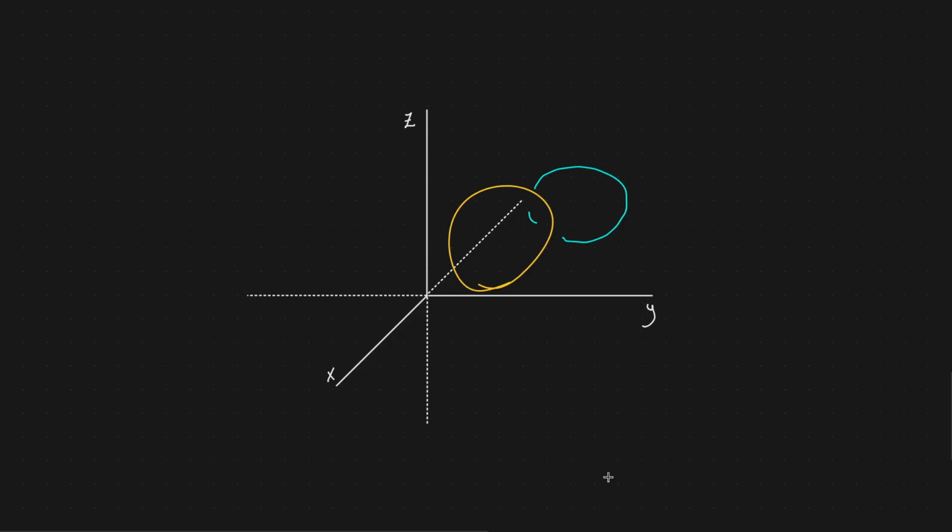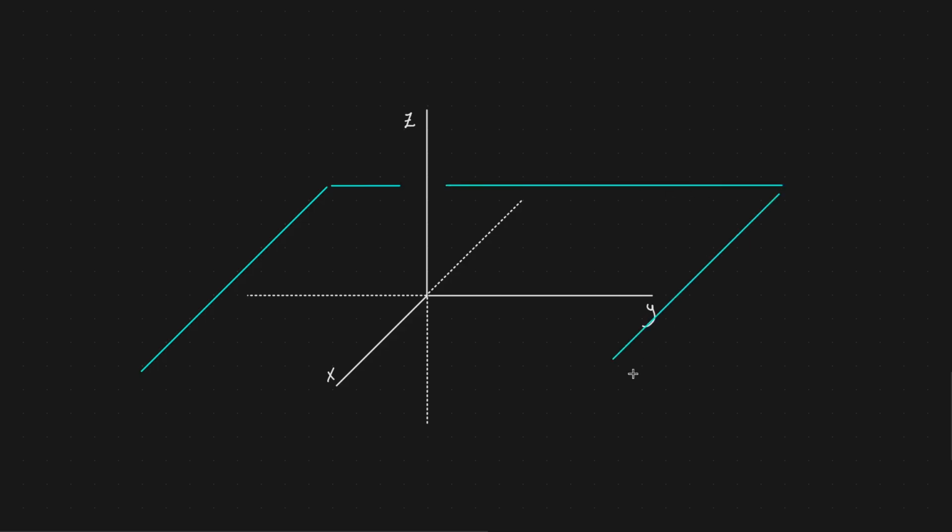8 octants. Furthermore, if you look at pairs of axes, we get different planes. So right here, the plane that the x and y axes go through, that's called the xy plane.